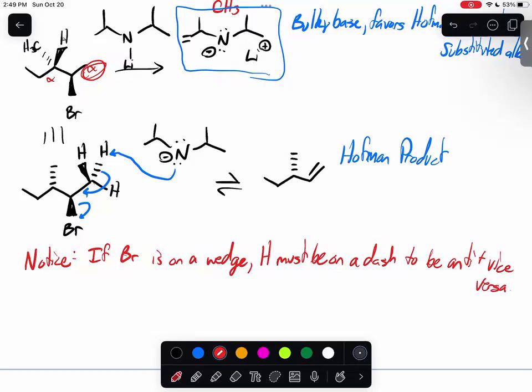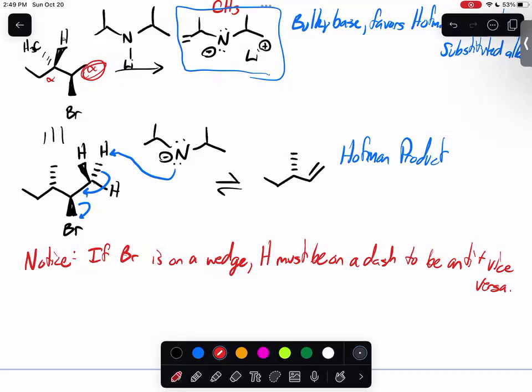So, one thing to keep in mind with a lot of these reactions is that whenever you're looking at the stereochemistry, you need something to be anti-periplanar. Also, don't forget that the base matters a lot in terms of whether or not you even have to care to begin with. All right.